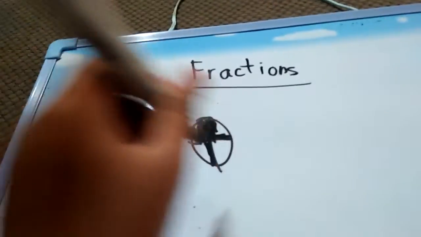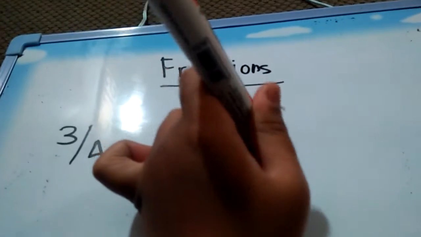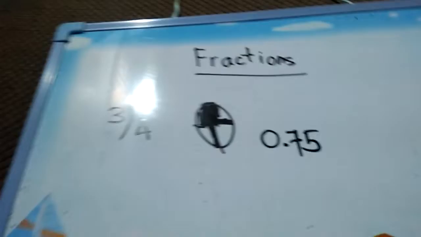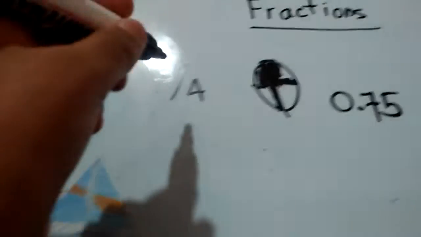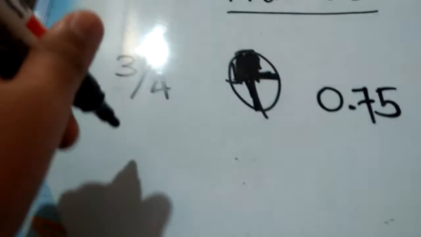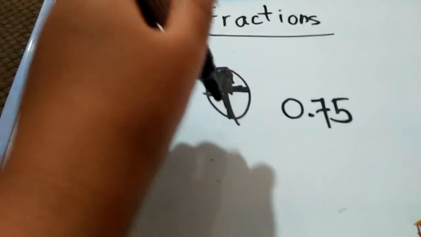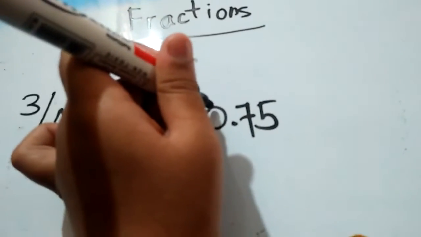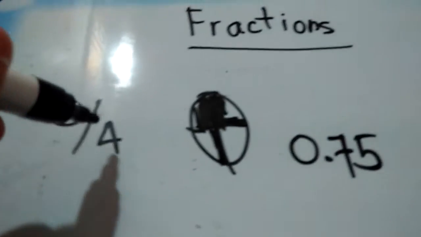So what is 3/4 called as? 0.75. So this 3/4 is also called 0.75 in short form.